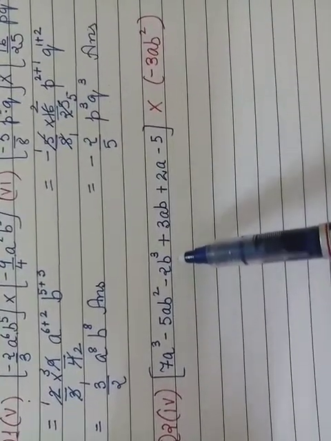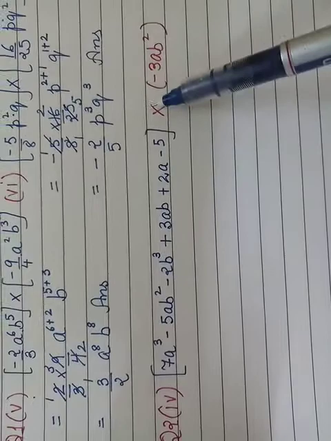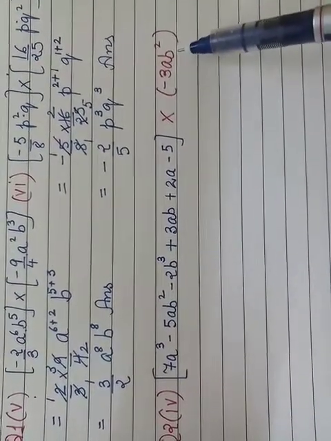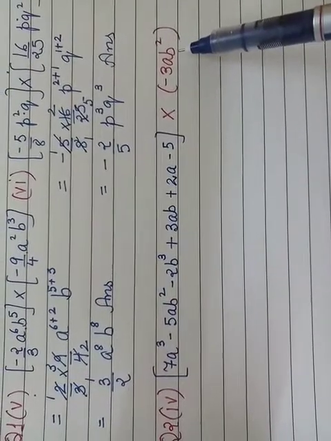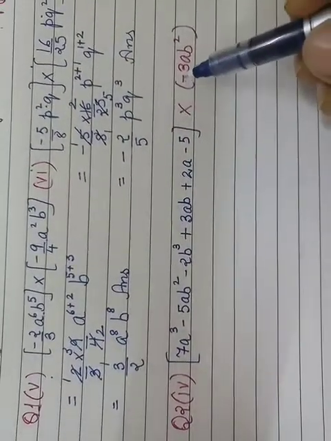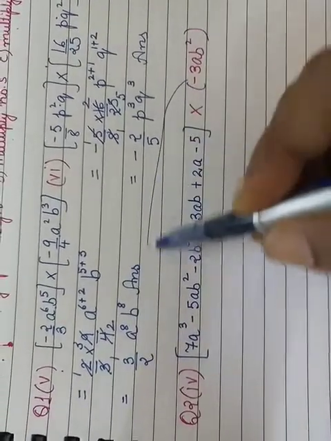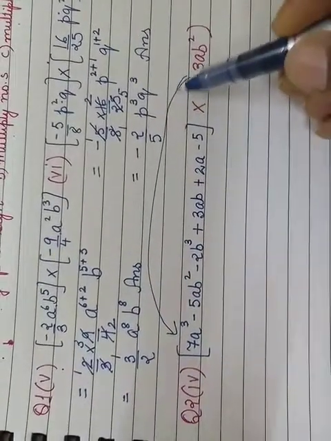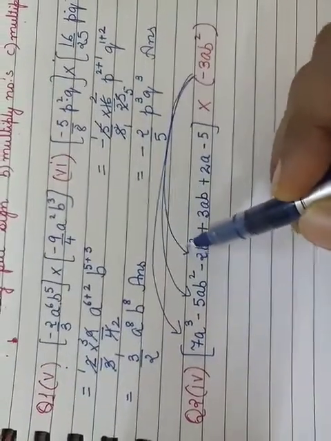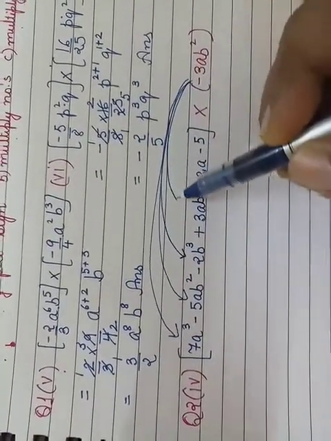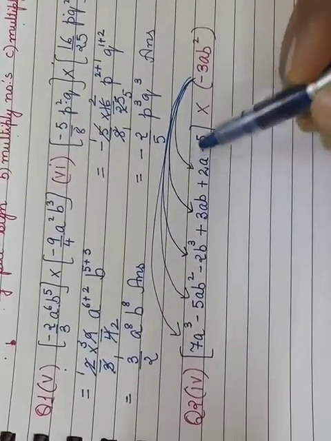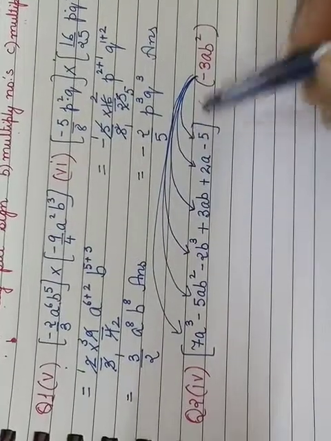This is the multinomial given to us. I have replaced the by sign with a multiplication sign, and the given monomial is minus 3ab square. This minus 3ab square is going to be multiplied with 7a as well as with 5ab square as well as with minus 2b cube as well as with plus 3ab plus 2a and minus 5.